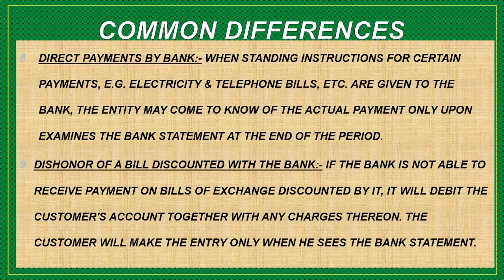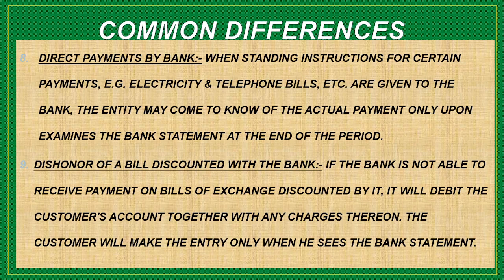Number 8. Direct payments by bank. When standing instructions for certain payments, for example, electricity and telephone bills, etc., are given to the bank, the entity may come to know of the actual payment only upon examining the bank statement at the end of the period.